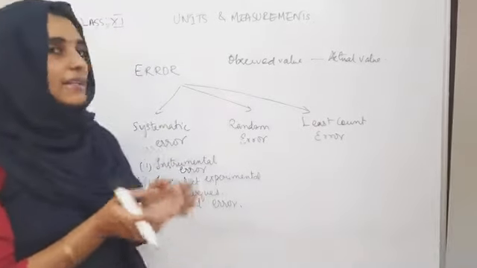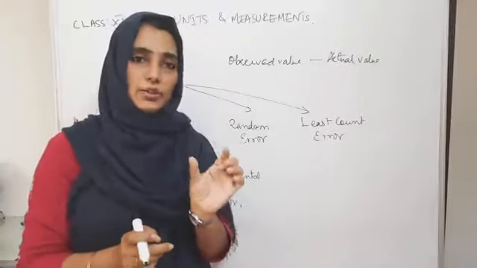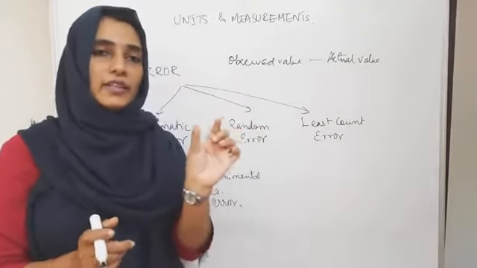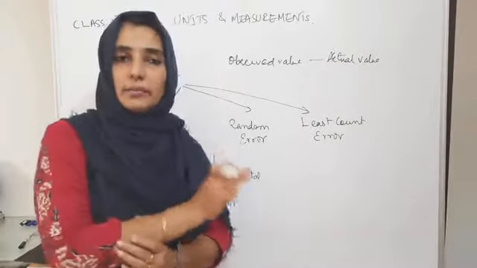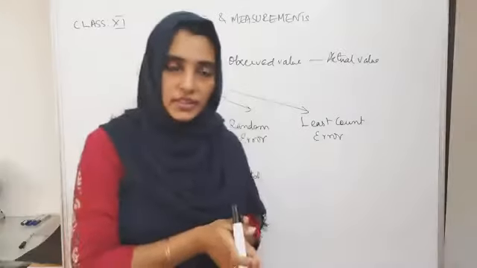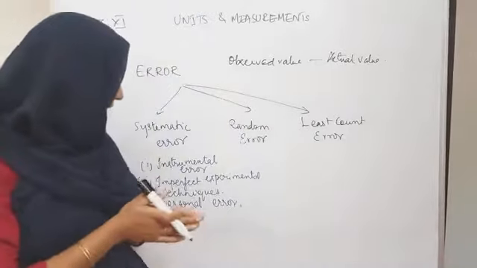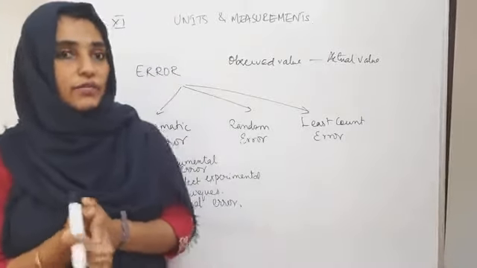It will have a size, in the sense that it will have a magnitude when you take the difference, and a sign, that it can be positive or negative. So systematic errors tend to occur in one direction, either positive or negative, and they have a magnitude as well as a sign.